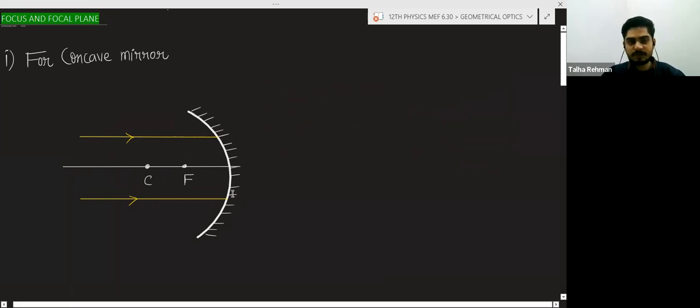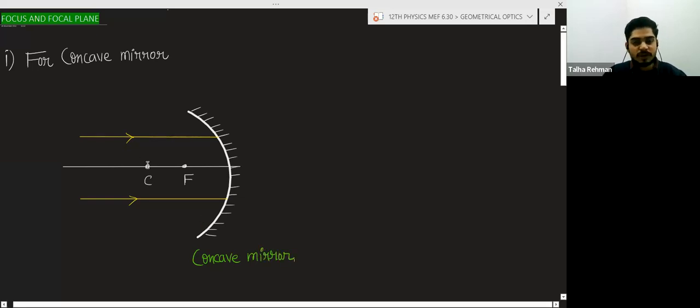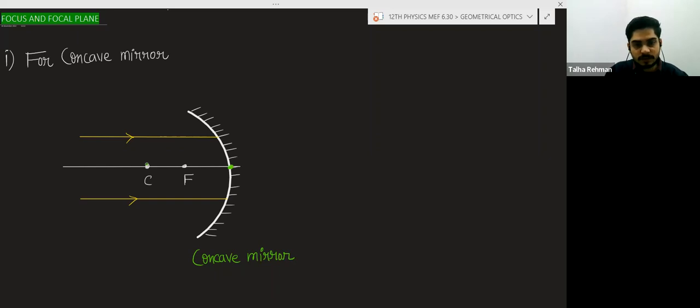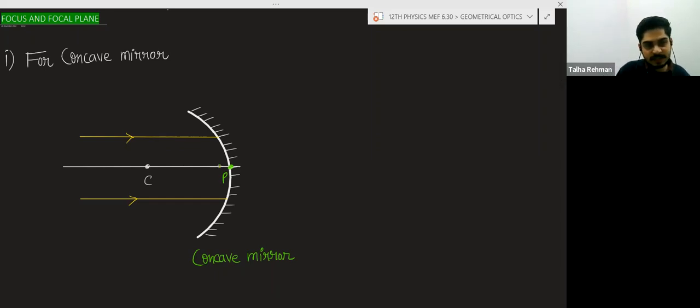This is the pole, and this is the center of curvature. The line joining the center of curvature and the pole is the principal axis.